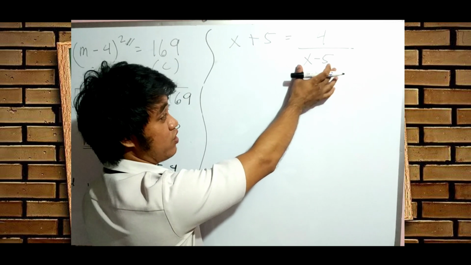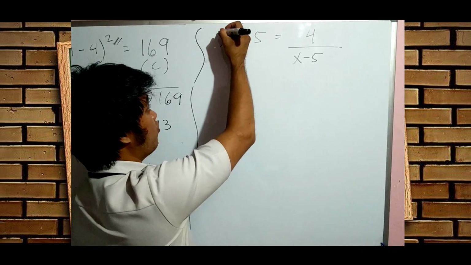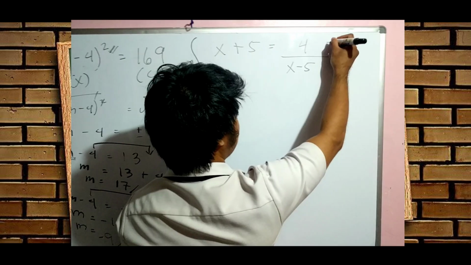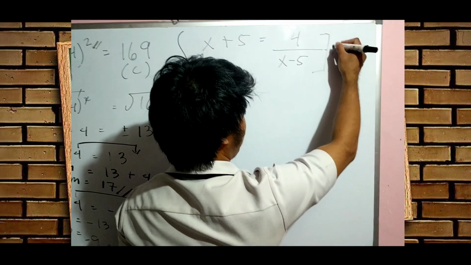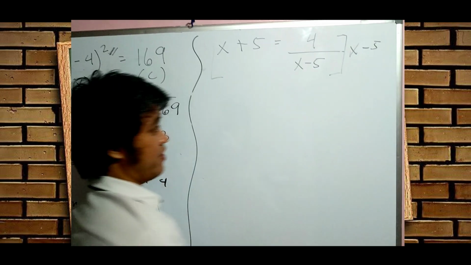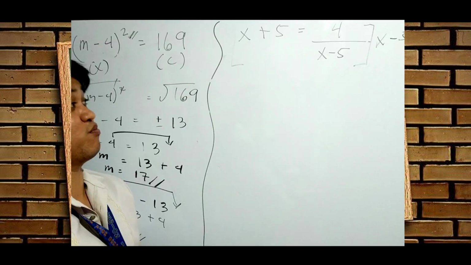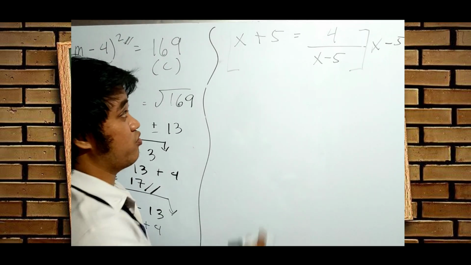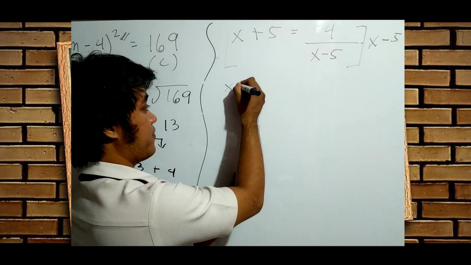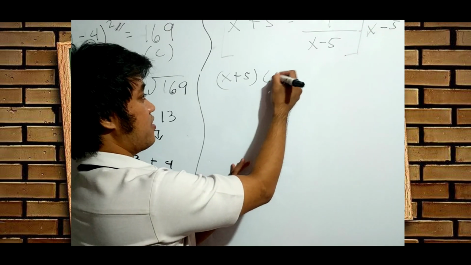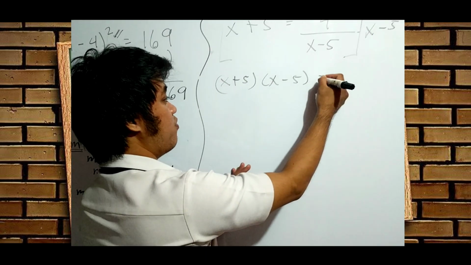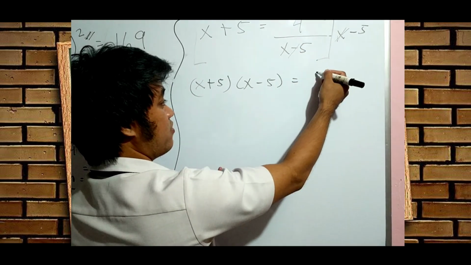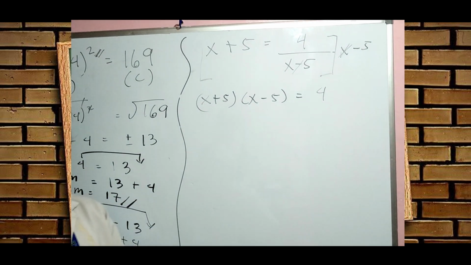So we need first to eliminate the denominator. So we multiply both sides by x - 5. That is the multiplication property of equality. So x + 5 times x - 5 will become now, we cancel this out, is equal now to 4.